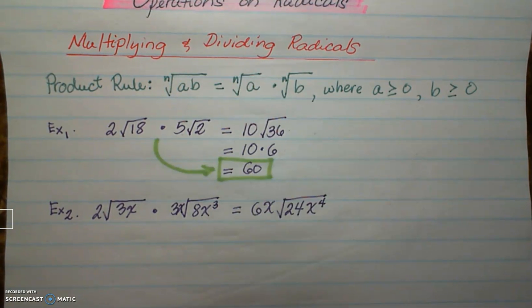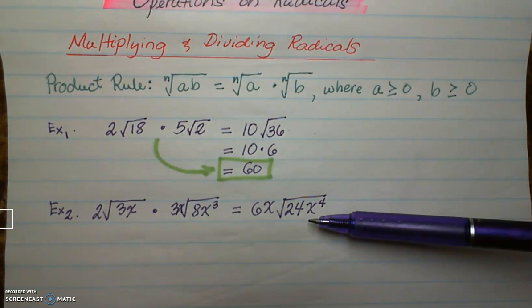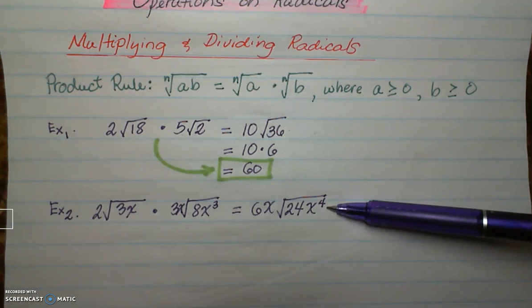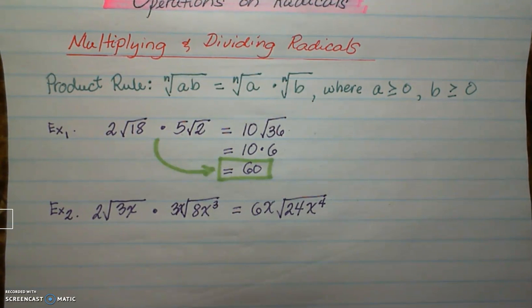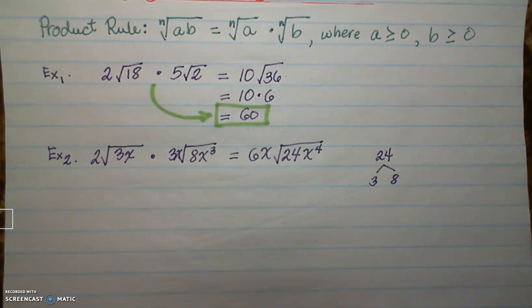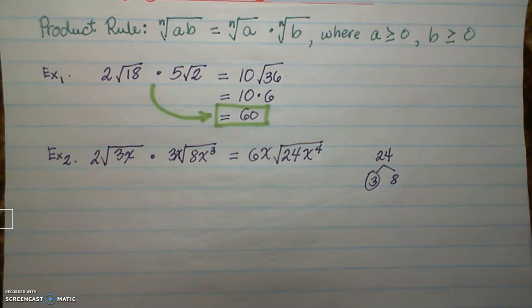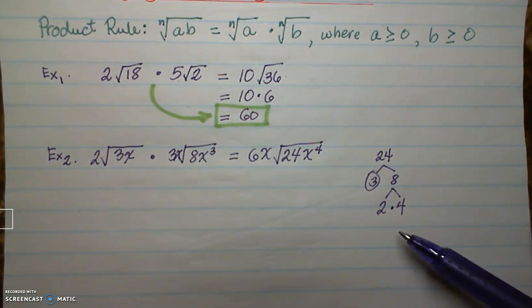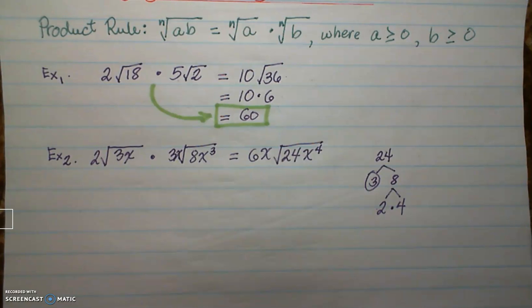Now, since this is inside the radical, we will have to extract the prime factors and also expand this in order to form groups of 2, because your index here is 2. Make sure to circle the 3, because that's a prime number, and then extract the prime factors of 8. Circle the prime factor of 2 and extract the prime factors of 4, I mean.